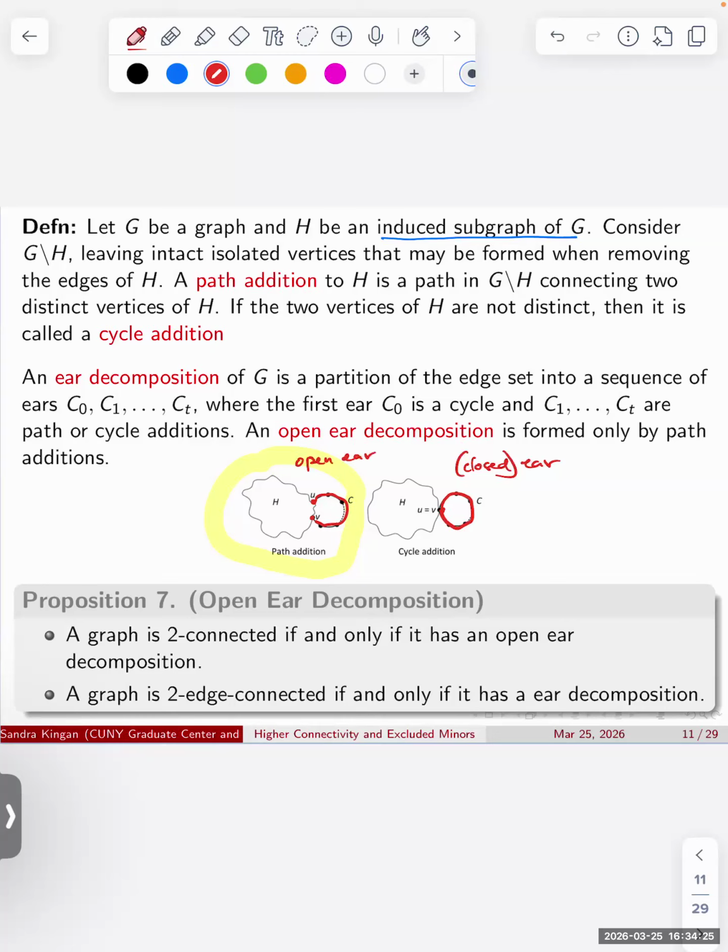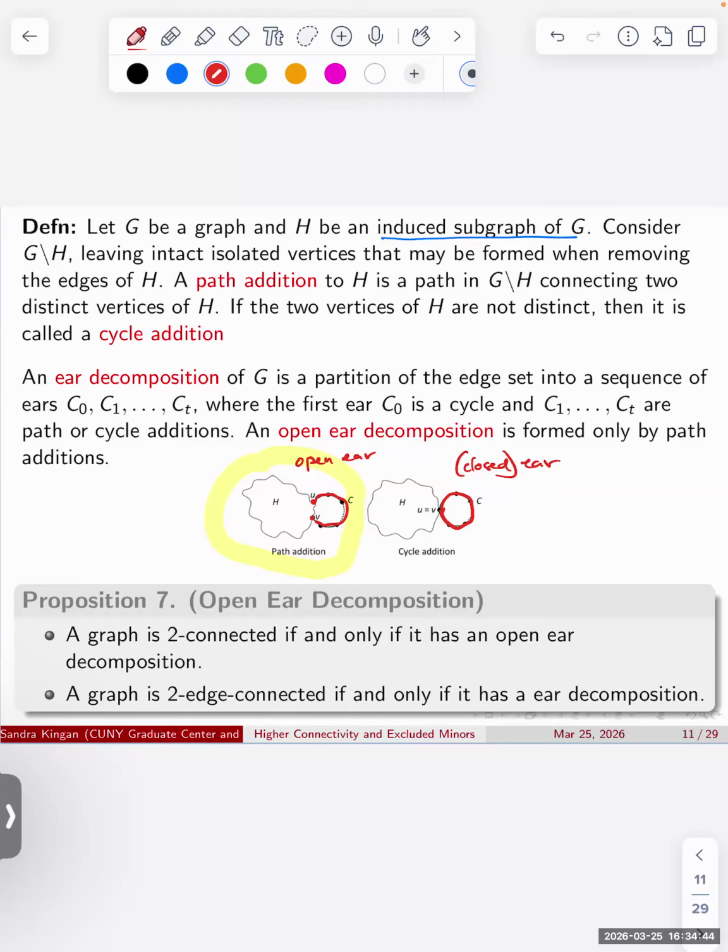And an ear decomposition of G is a partition of the edge set into a sequence of ears where the first ear C0 is a cycle and the rest are path or cycle additions. And an open ear decomposition is formed only by path additions.